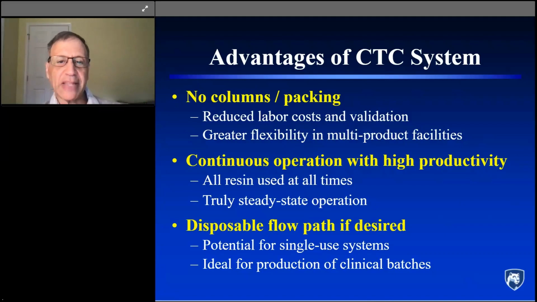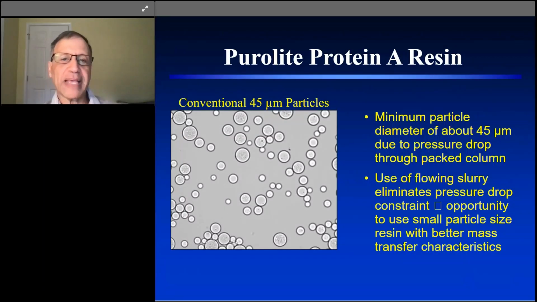It's truly continuous operation, allowing us to get higher productivity. And as I mentioned before, it's a fully disposable flow path. In addition, there are a number of things we can take advantage of in this type of continuous chromatography system, which would be impossible in a packed column.